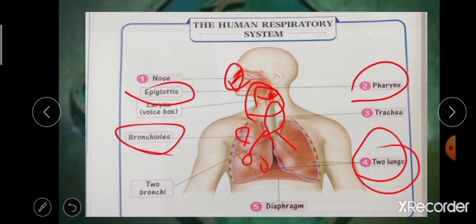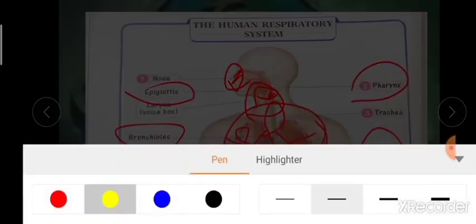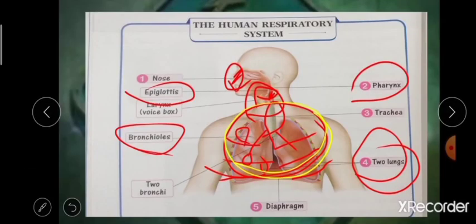These two lungs are protected by the ribs or rib cage. The two lungs occupy the chest cavity or the thoracic cavity. So there is a muscle called the diaphragm to separate between the chest cavity and abdominal cavity and play an important role in the respiration process.